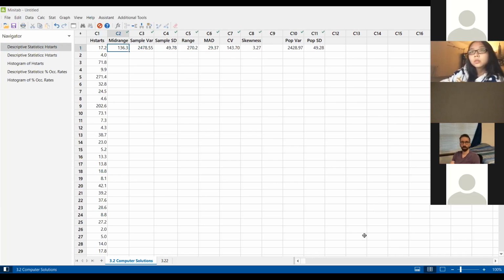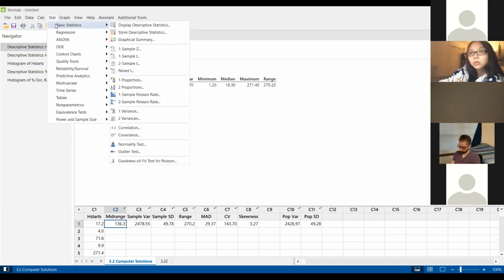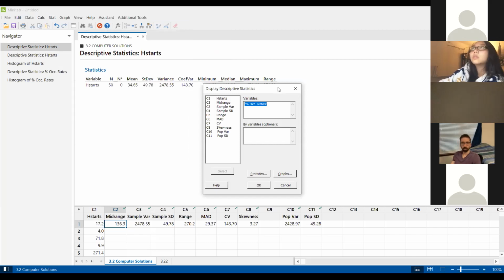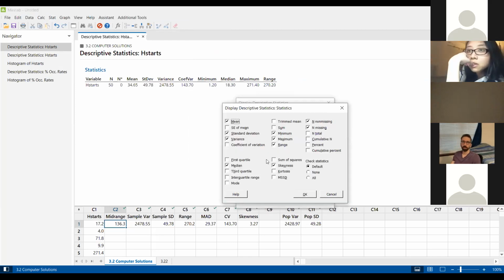And let me show you. Now, of course, I just did the basic statistics, like descriptive statistics. And then what I chose was, this is the wrong one here, shows housing starts. And then for statistics, I picked the mean, standard deviation, variance, the median.